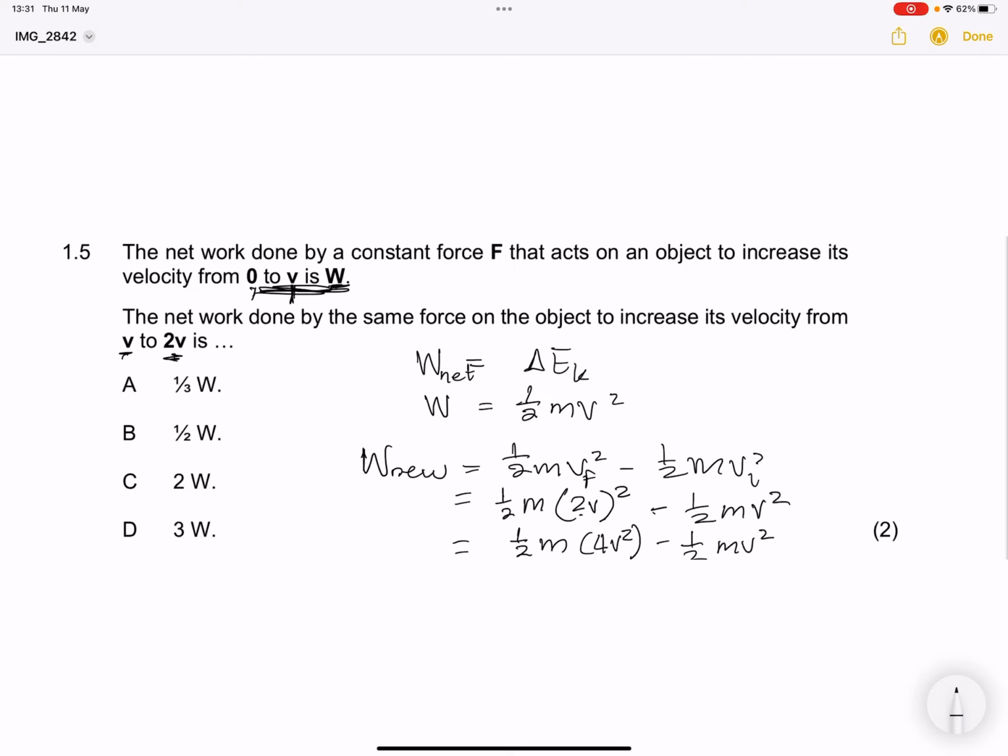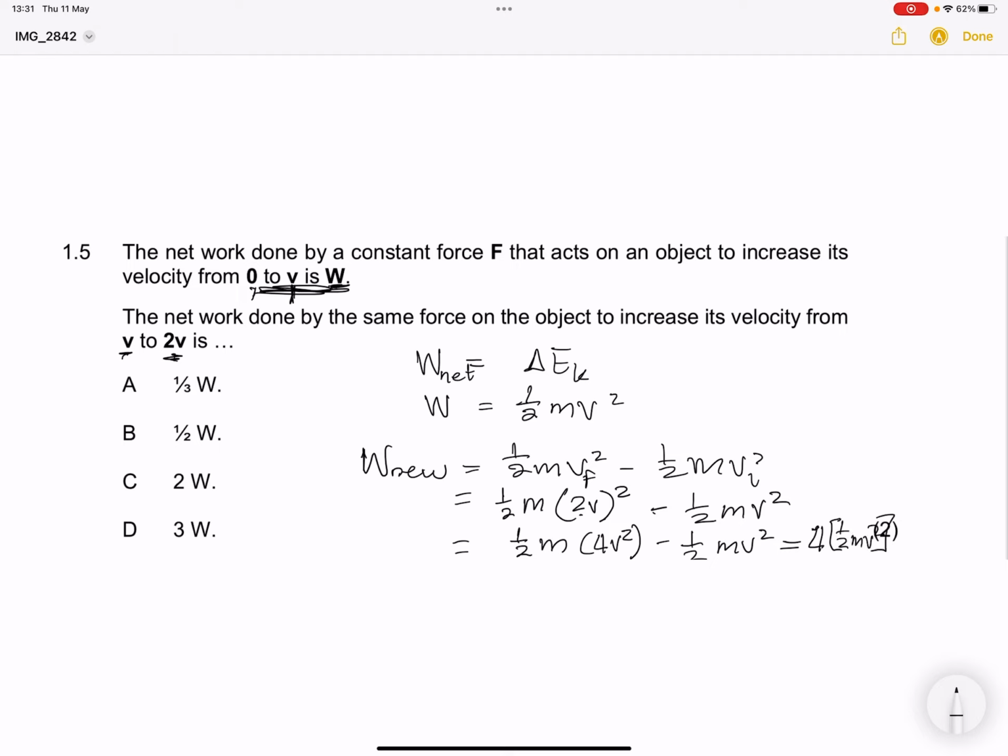Okay, so notice in this case that if I take the 4 to this side, remember that multiplication is commutative. So this is 4 times half mv squared minus half mv squared.